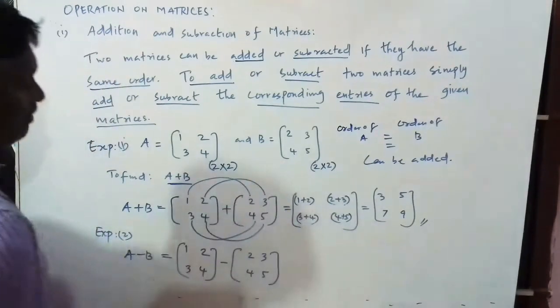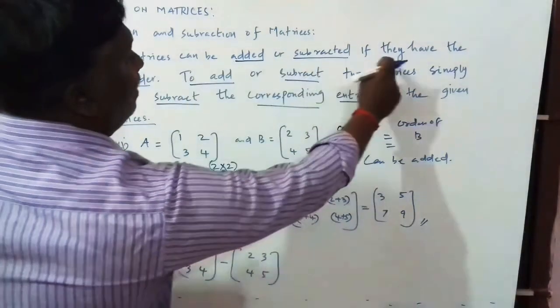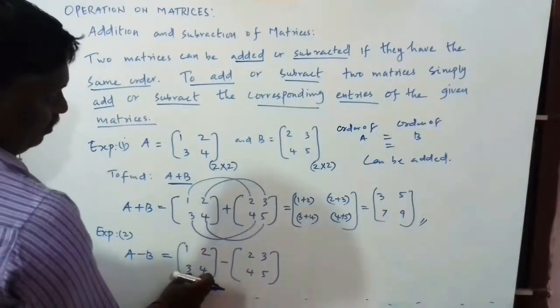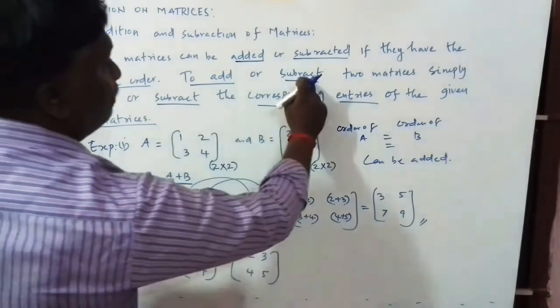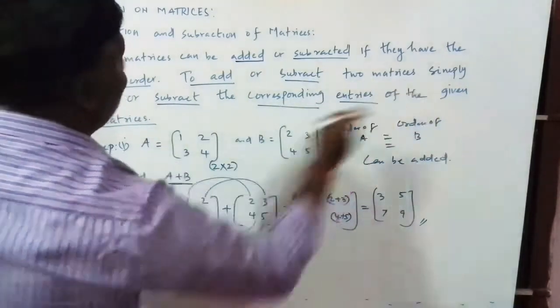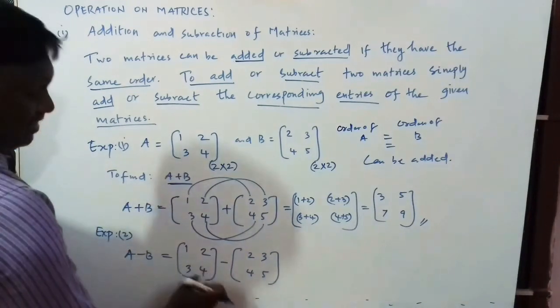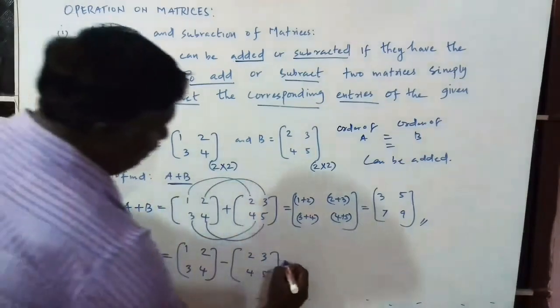The same condition: two matrices can be subtracted if they have the same order. Check the order: A is 2 by 2, B is 2 by 2, same order. To subtract two matrices, subtract the corresponding entries of the given matrices.